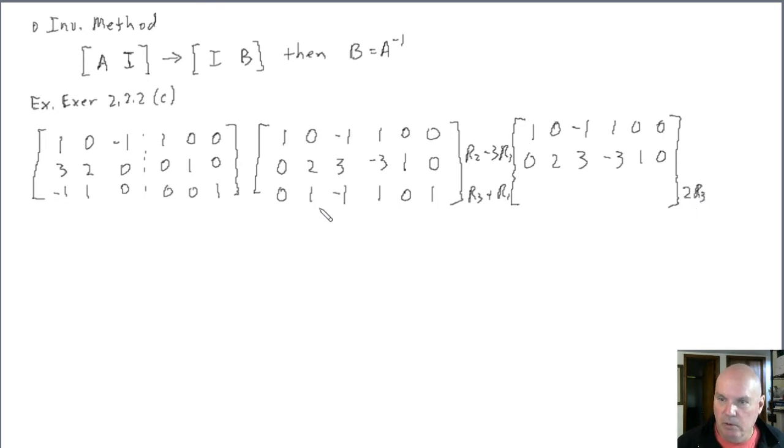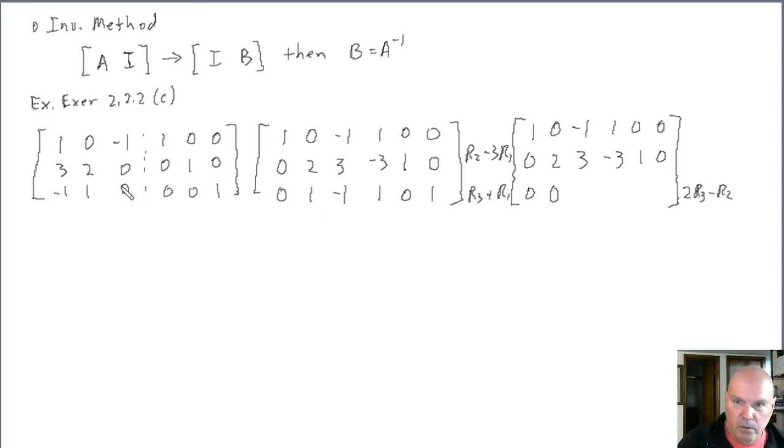I'm going to multiply row 3 by 2, and then subtract row 2 from it. Oops, did I do this right?